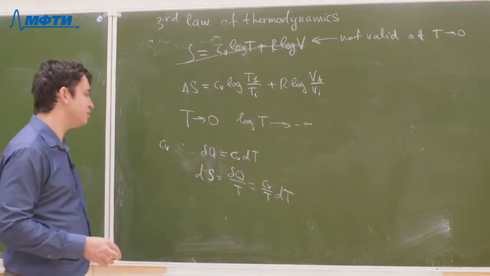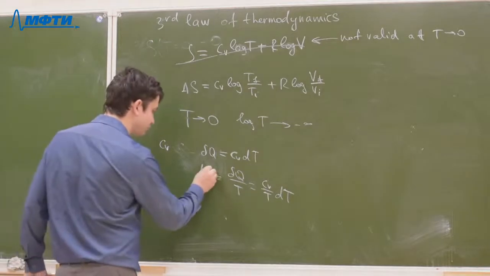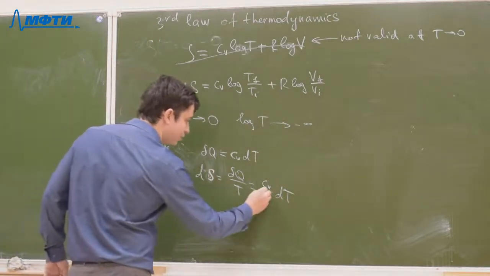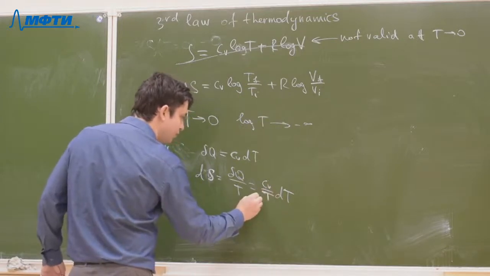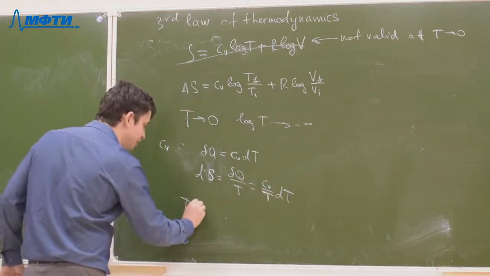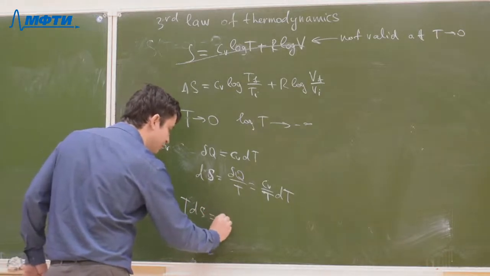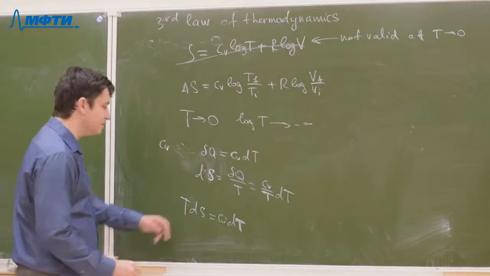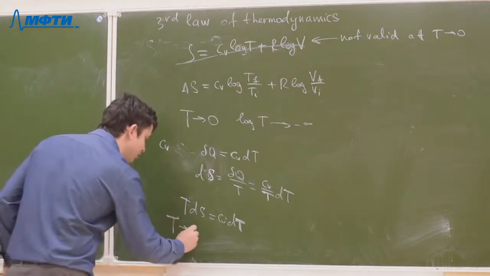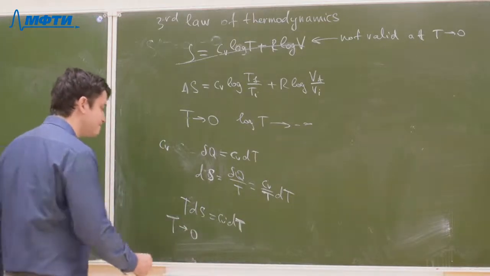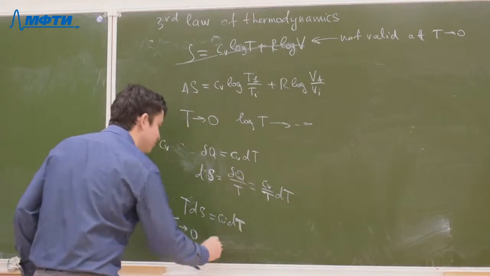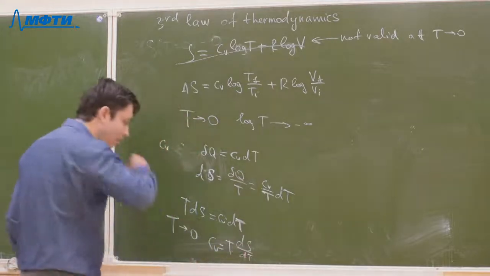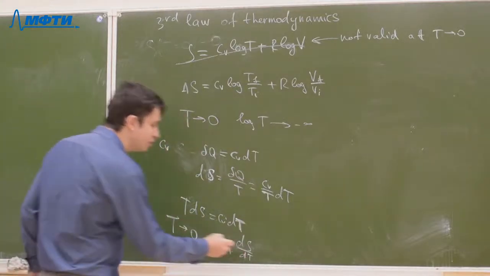But if we write that TdS is equal to CV dT, that means that when temperature goes to 0, then CV, which is found as T multiplied by dS over dT, should go to 0 too.